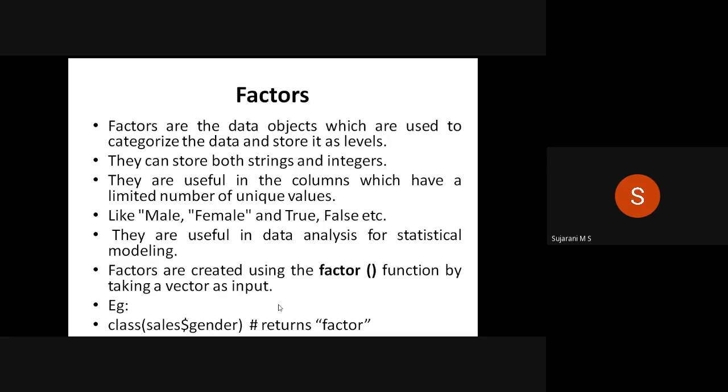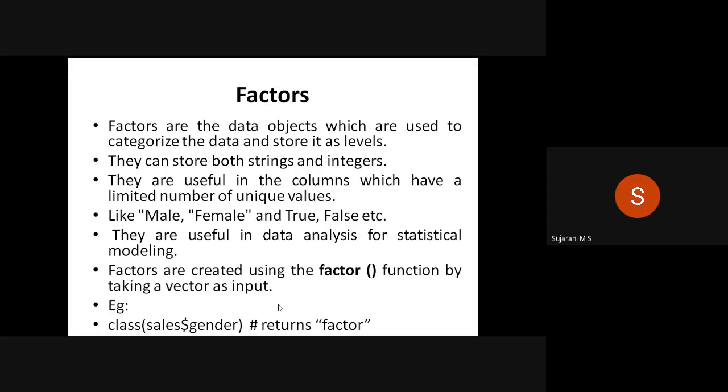Factors are created using the function factor. For example, in the case of the sales data, class of sales$gender retrieves that it is a factor. Okay, in the sales data, gender is a factor category. A factor is a categorical type.